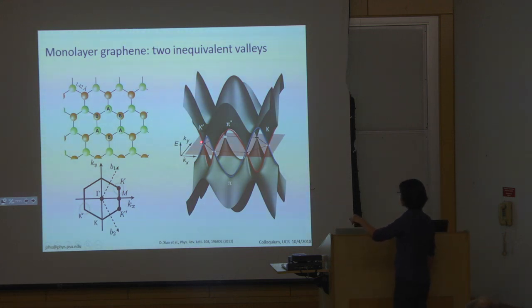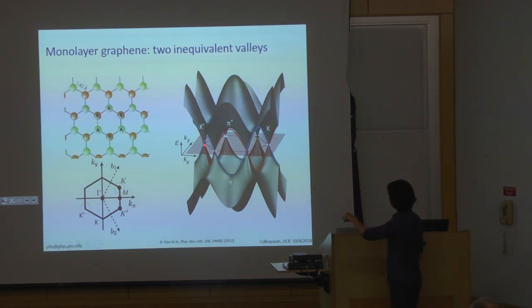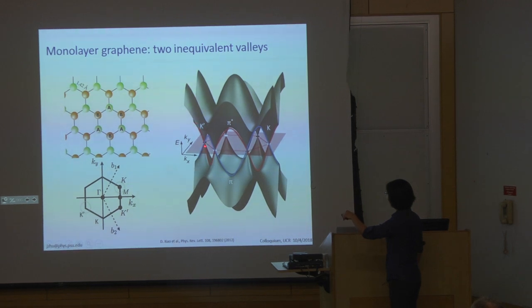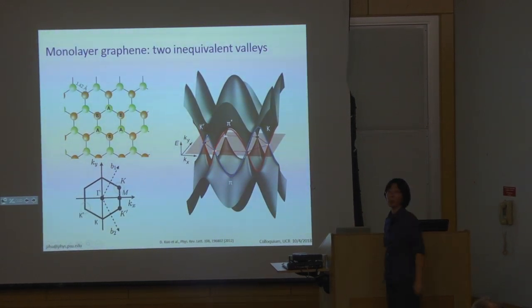And if you look at how these states thread through the black and the white points over here, you realize that they're different, right? If I'm sitting over here, I look to my left, I see a red band. If I'm standing here, I look to my left, I see a blue band.